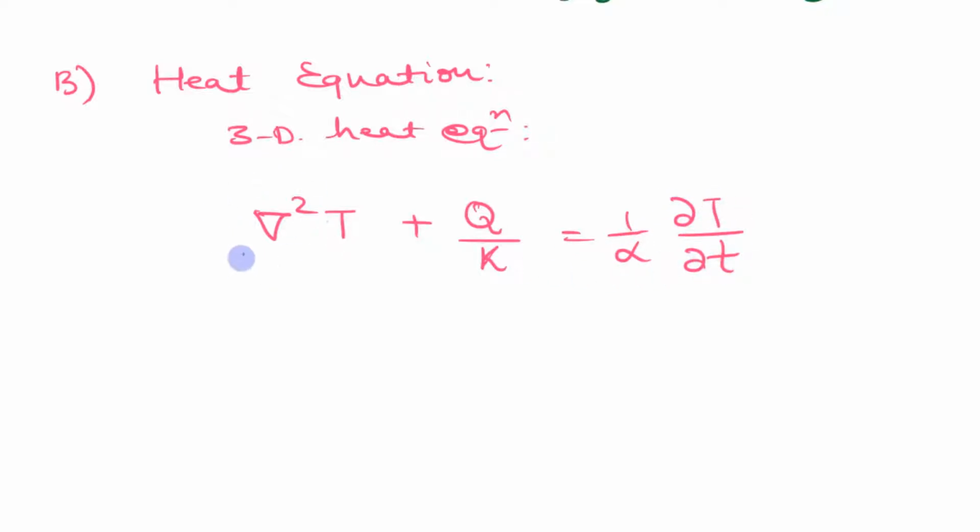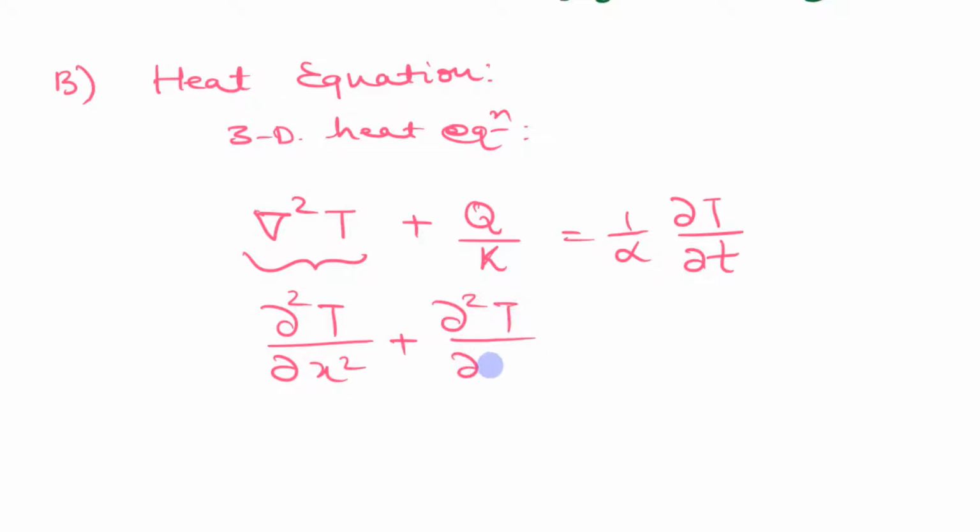The meaning of this ∇²T, or we also call it delta squared T, is ∂²T/∂x² + ∂²T/∂y² + ∂²T/∂z².